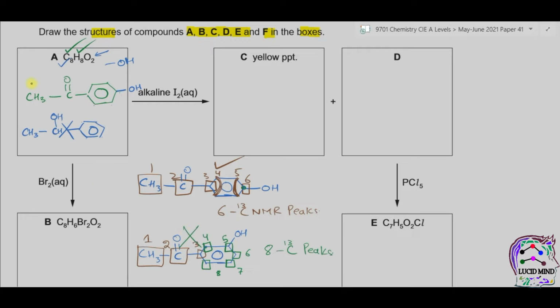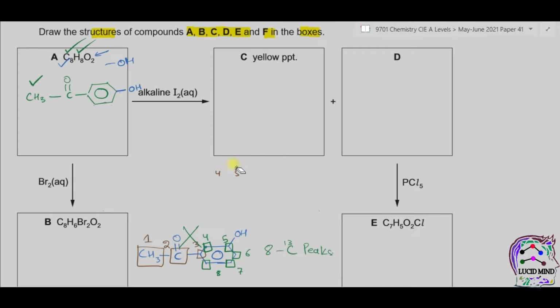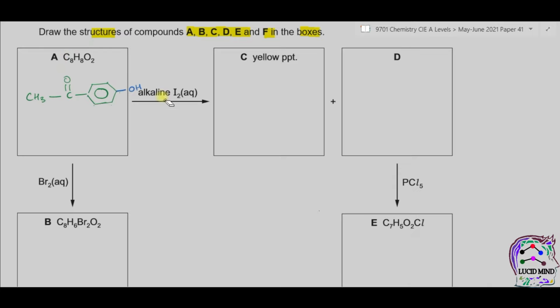So now we can continue with the first structure. We can remove others. Next reaction is with aqueous bromine. Now with aqueous bromine, 2 hydrogen atoms are replaced with 2 bromines and other things are not changing.